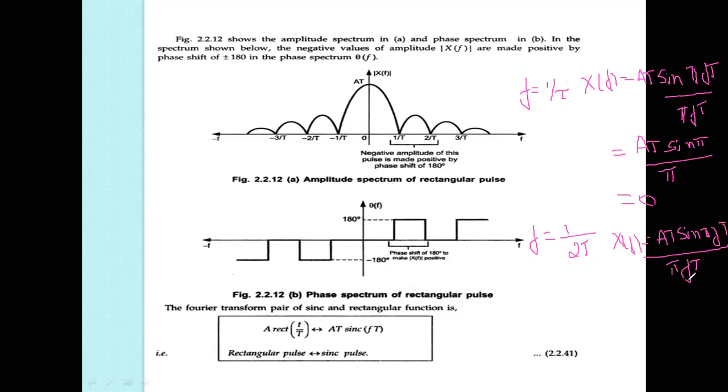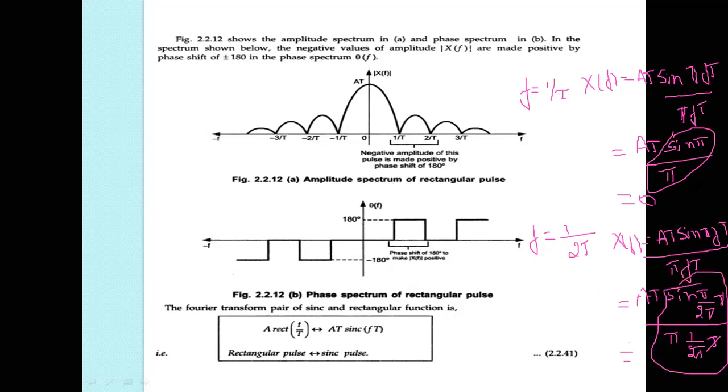What is the f here? f is 1/2T. So AT sin(π times 1/2T times T), and T and T get cancelled, it is π/2, and here π/2. Sin π/2 by π/2 angle. Again it is a sine function, repeated. So on the values. So all are decreasing, the 0 values.